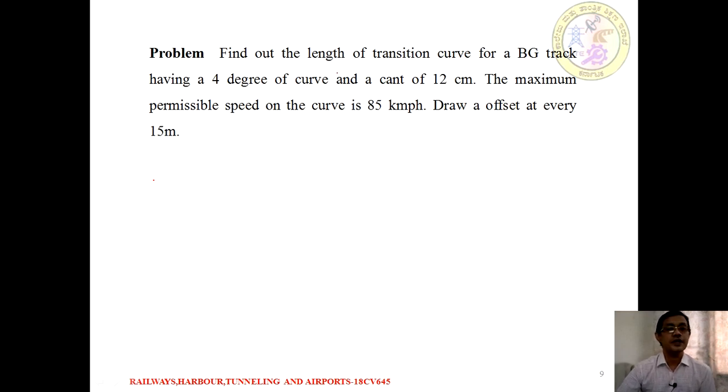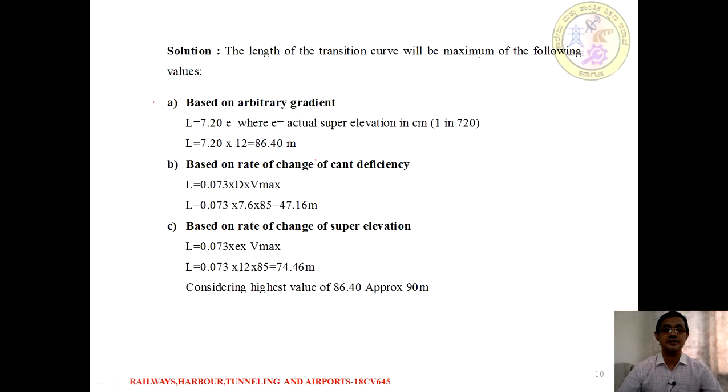We need to find the length of the transition curve first. The length of the transition curve is found by 3 criteria, as I explained in the previous session. One is based on the arbitrary gradient. We assume an arbitrary gradient for all types of transition curve calculation, which is 1 in 720, where E is the super elevation, or the actual super elevation.